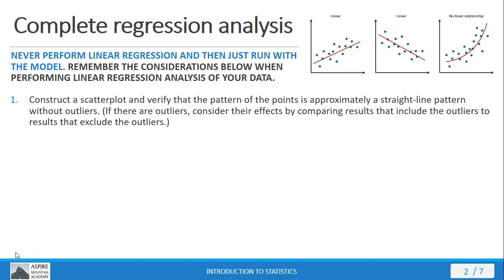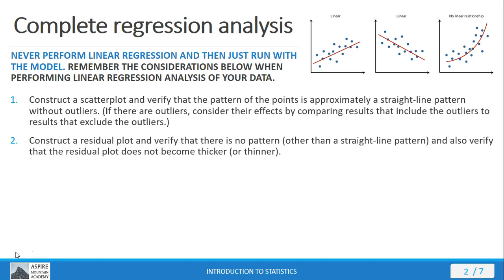Once you answer those questions, then you can present justification for leaving them in or taking them out and making the best model that you can. So don't just take data, dump it into technology like Statcrunch and then run away with the model. The model may not be the best model you can make, and it also may not be fit for use, even if it is the best model that you can make.